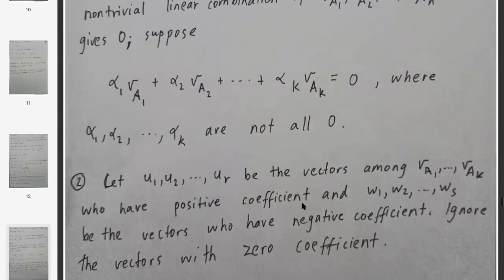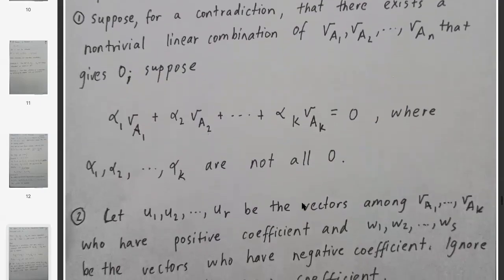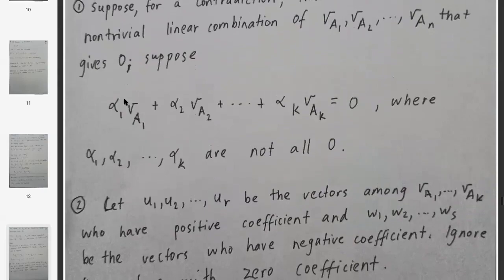Now we do the following. In this linear combination, there are some coefficients which are positive, some which are negative, and some perhaps which are 0. We will take the positive coefficients and leave them on this side. The 0 ones, anyway, everything is 0 there. And the negative coefficients and their vectors we will take to the other side of the equation.